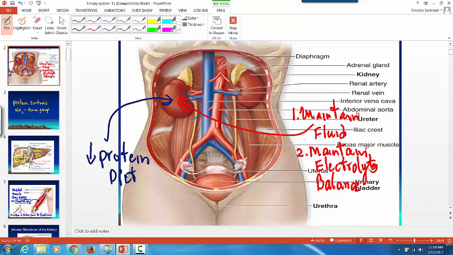The other thing that it's intimately involved in, so number 3, the kidneys maintain long-term pH. We talked about this, that the kidneys can correct any pH disturbance in the body if the person lives long enough.